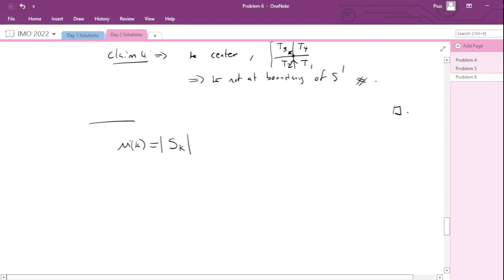Okay, so first of all, if K is at a corner, and K is a peak, right?